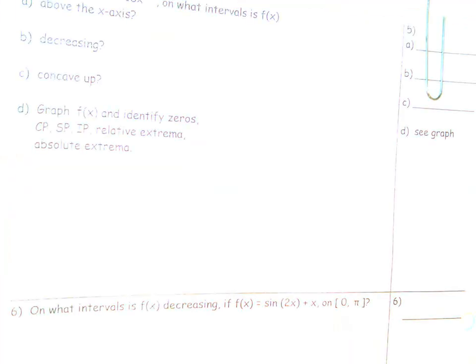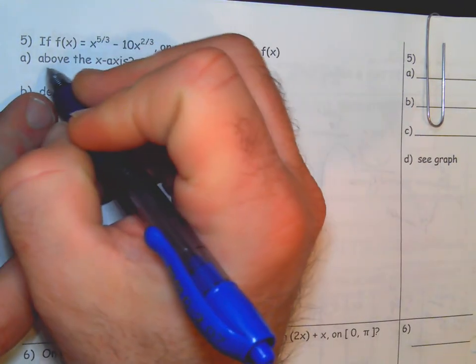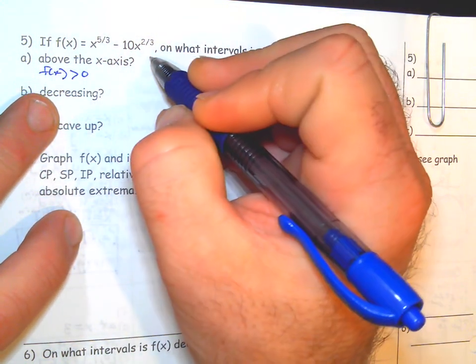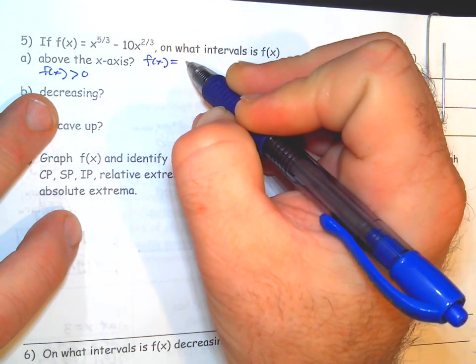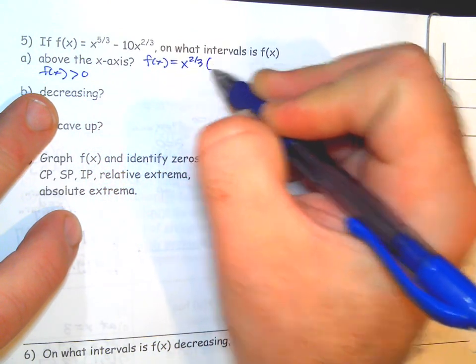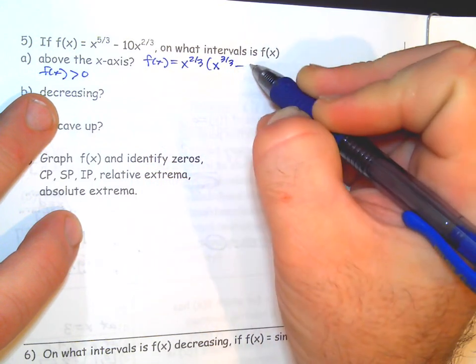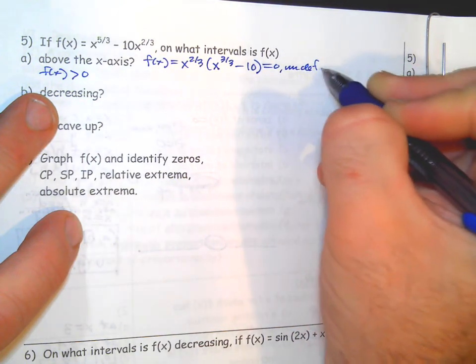Okay, next one. You can do more function analysis with the original function. So lots of line checks. Where is the graph above the x-axis? So we're looking for where the function is positive. I don't actually do this that much, but you would just start with the original function and factor out the smallest exponent. That would give you x to the 3/3 times x minus 10 equals 0 or undefined.